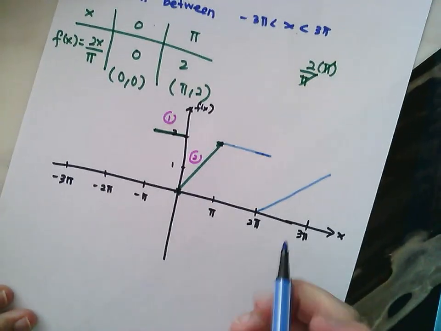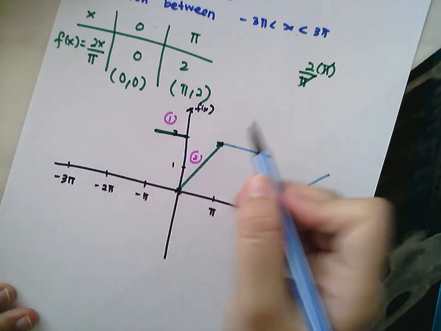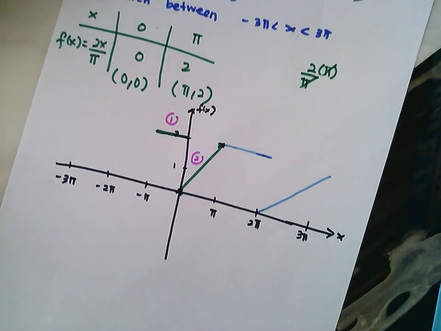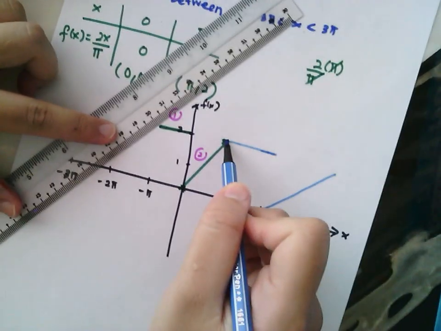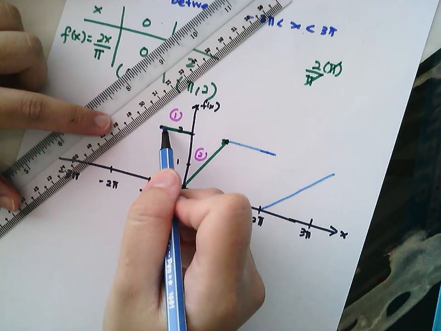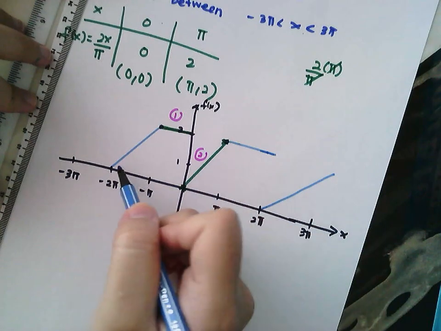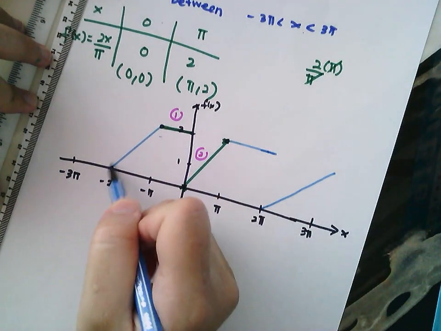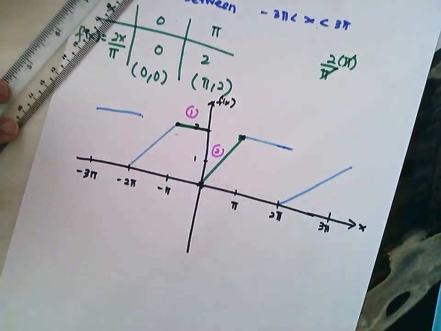For your left hand side, start with the second one. So you will have this line. Since you stop here, then you have to start the new one here. So this is number 2.